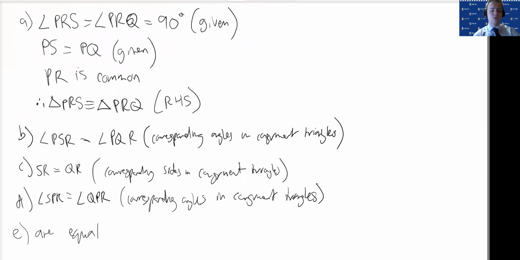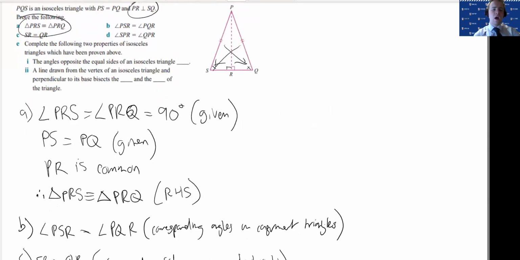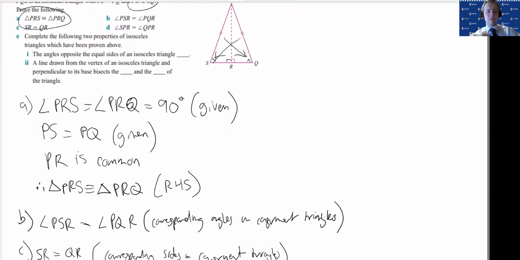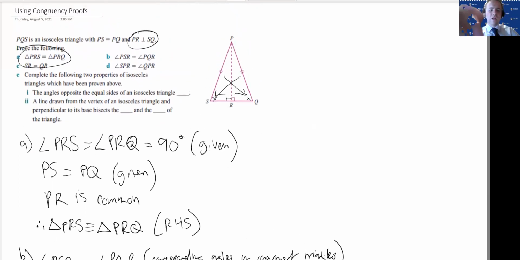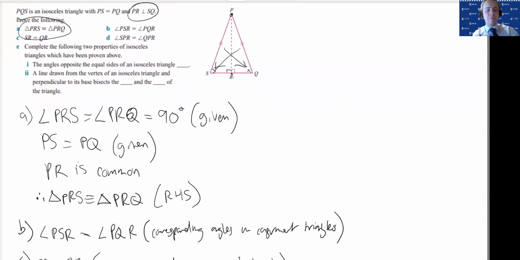For part 2, we've got to show that the line drawn from the vertex of an isosceles triangle and perpendicular to its base, so this line, bisects the angle and the base of the triangle.